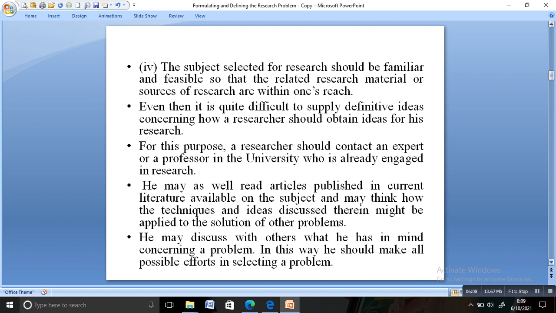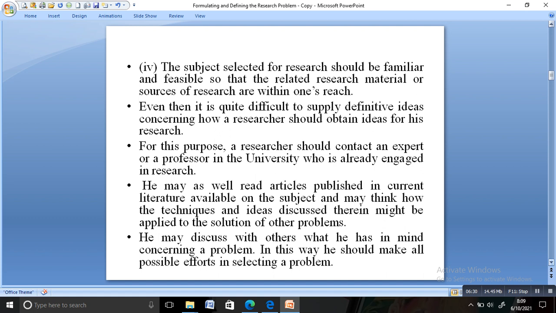So if you are feeling some difficulty in the problem, you can get ideas from the researcher, from a guide, your professor, and you can read many articles. Not only can you read articles, you can think of many ideas.